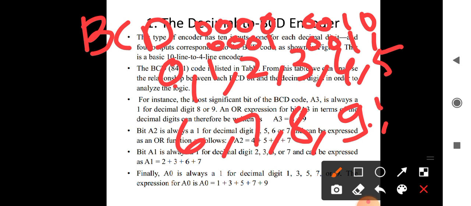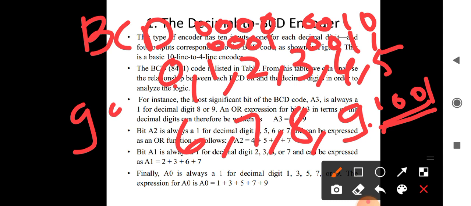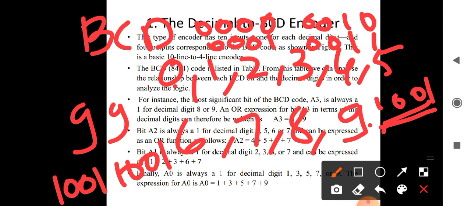Similarly we can represent 9 as 1001. Up to this only the BCD value will be there, and the rest is a combination of those values. For 99, it is 1001 1001, a combination of the digits. For 11, it takes 1 two times, that is 0001 0001. Like that we can represent in BCD.